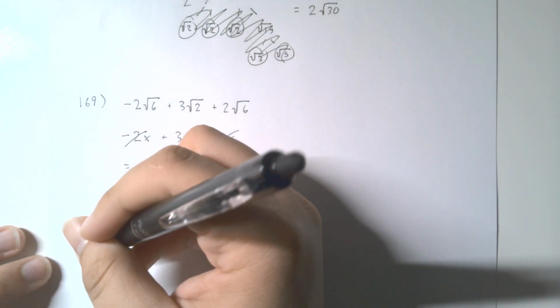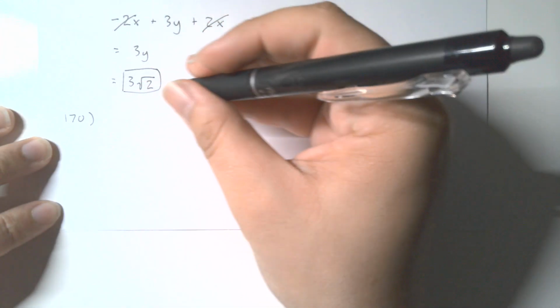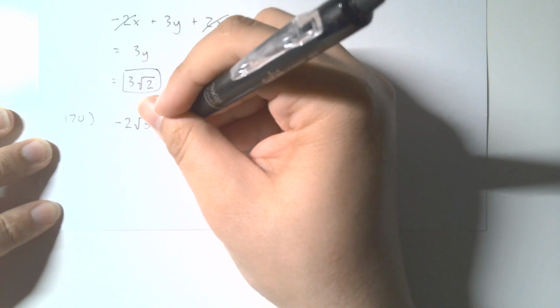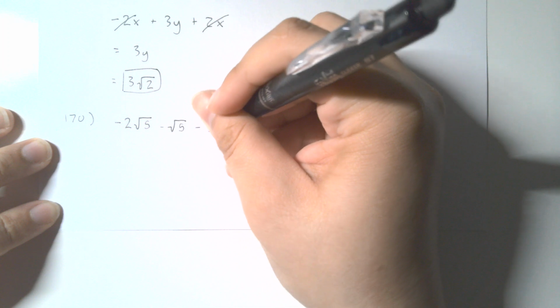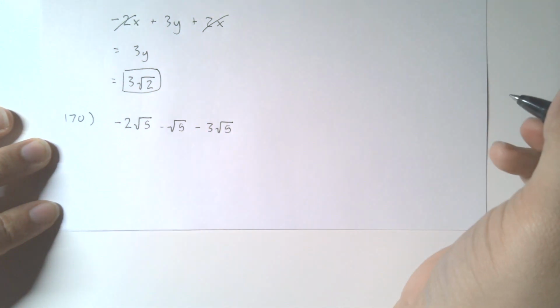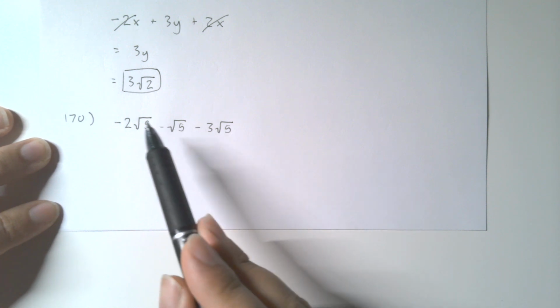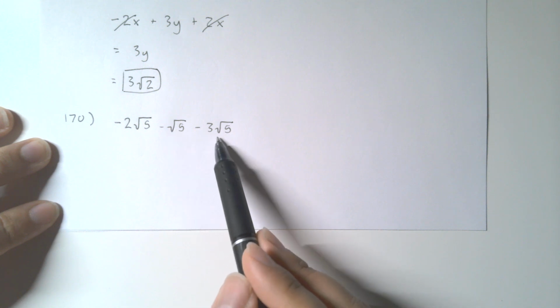For the next one, for 170, we have negative 2 square root of 5 minus the square root of 5 minus 3 square root of 5. And so this is to illustrate that same point again. If we think of the square root of 5 like it is a variable, we have negative 2 minus 1 minus 3.